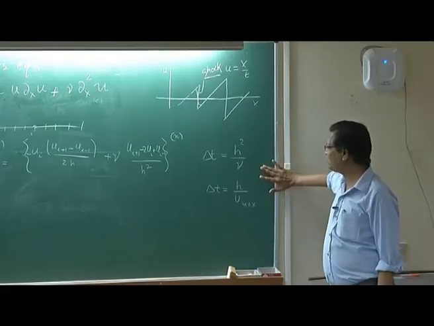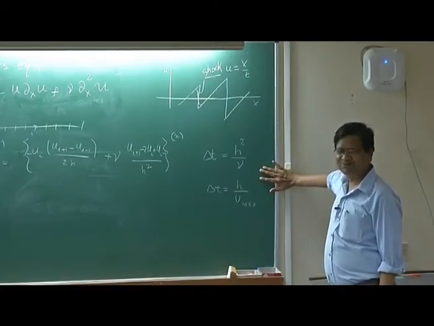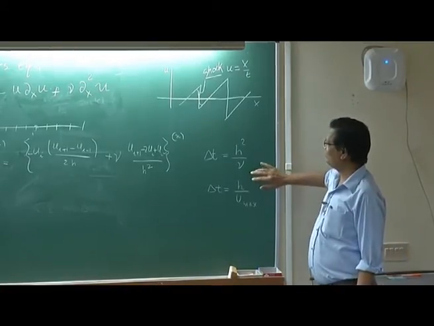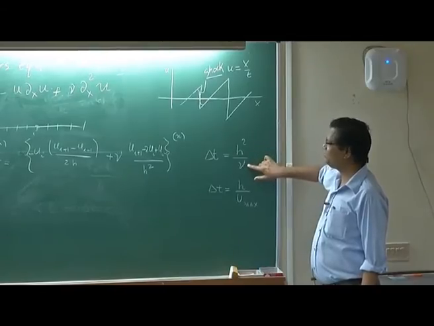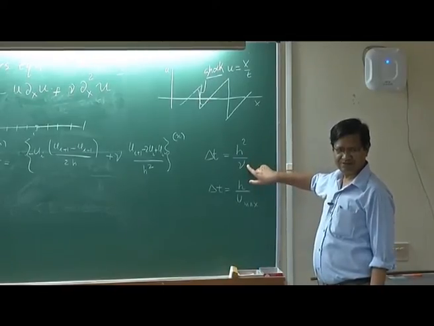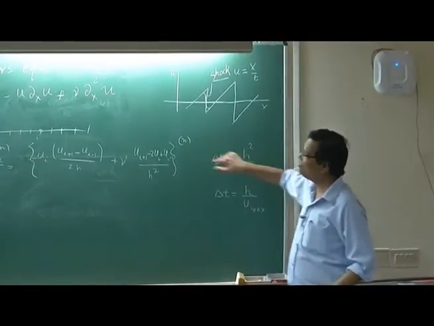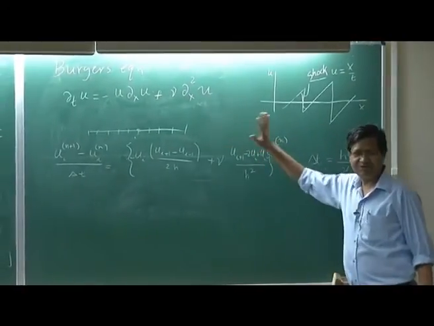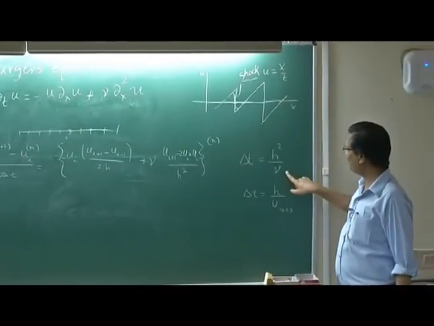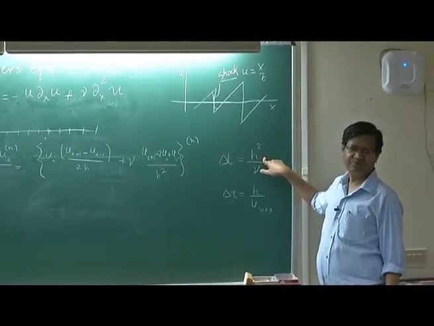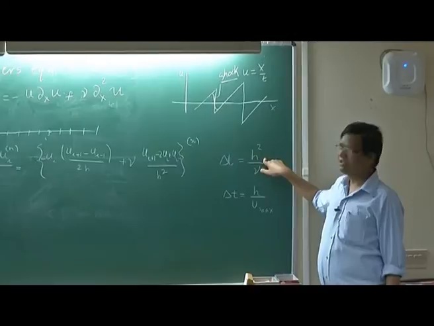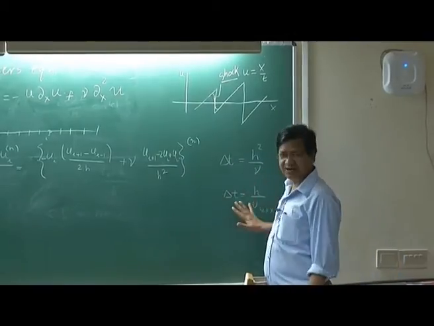So, that is the prescription. Now, you can't make h too small, otherwise you will have a lot of problems. For your project you keep nu as order 1, which is not a good idea, as I would like nu to be small ideally, but for this project we should put nu as order 1 and h as 10 to the minus 2. Okay, so this is for delta t.